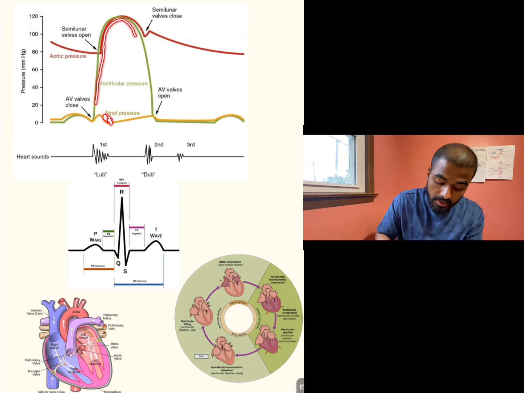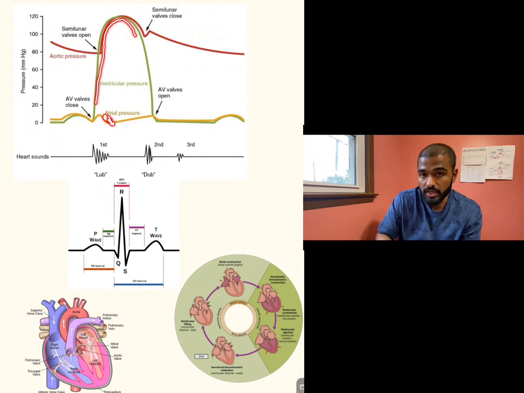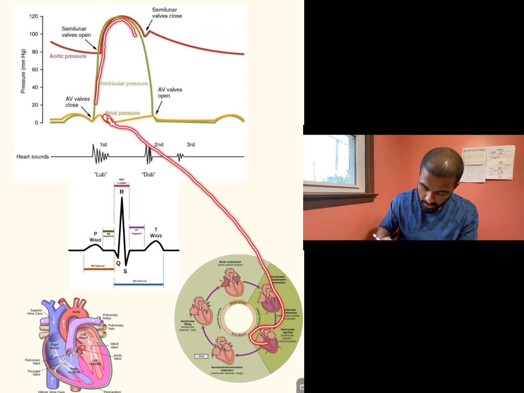We don't see atrial relaxation on the EKG, so it doesn't show on the EKG. It's buried underneath the QRS complex. So atrial relaxation, I think it happens around here and here.